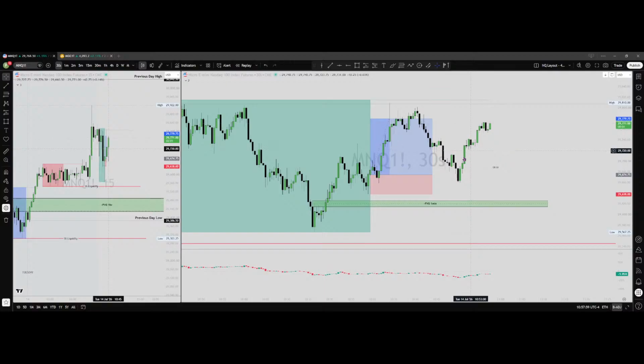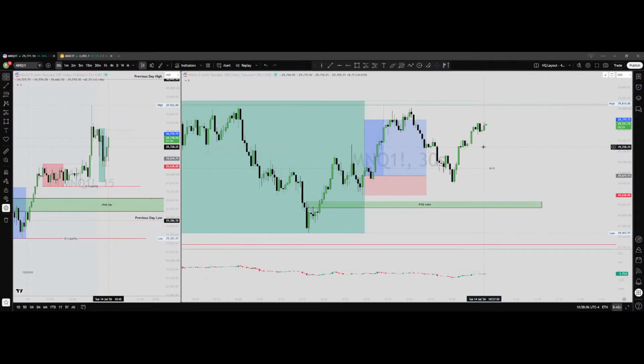There was also another trade here, but oh, this was in the 30-second time frame.